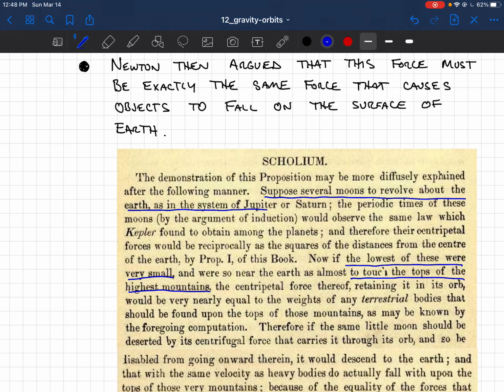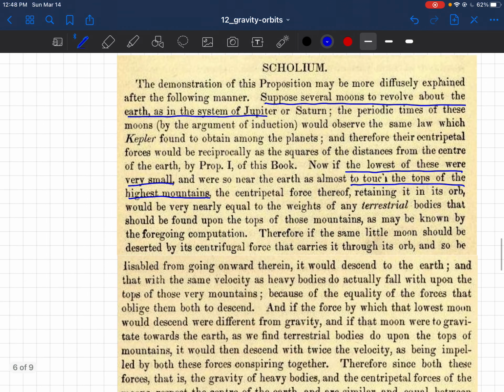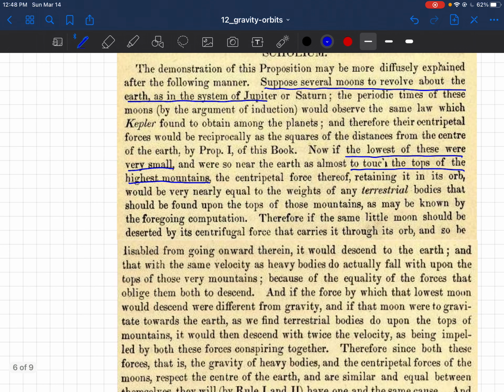But if you were to stop it from its motion, so it wasn't able to go with a velocity parallel to the Earth anymore, then that force would cause it to drop down to Earth. If you stopped it from rotating, then it would descend to the Earth. And it would descend just like any heavy body that was sitting up there at the top of the mountain would do.